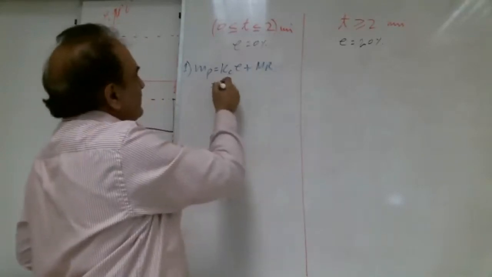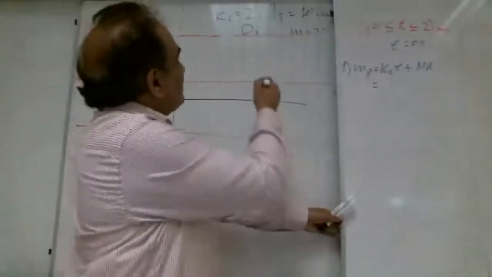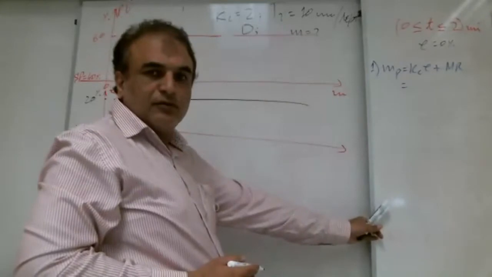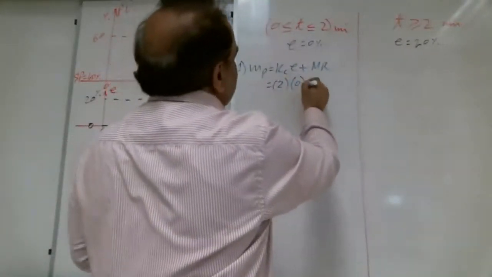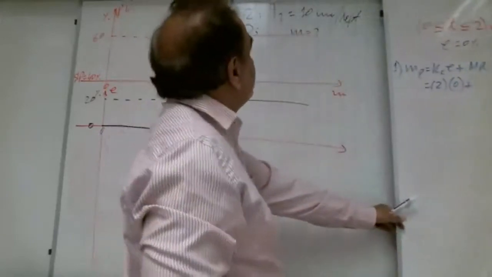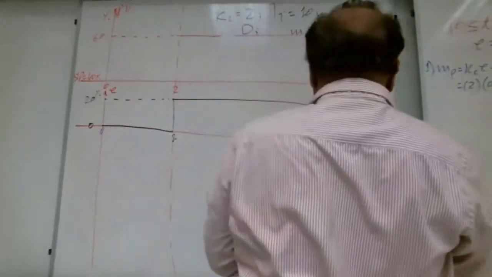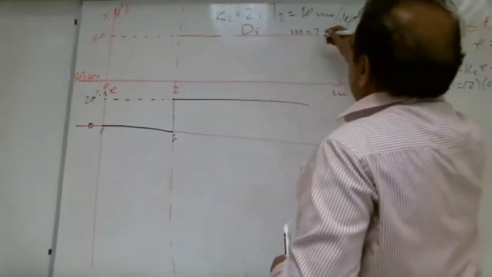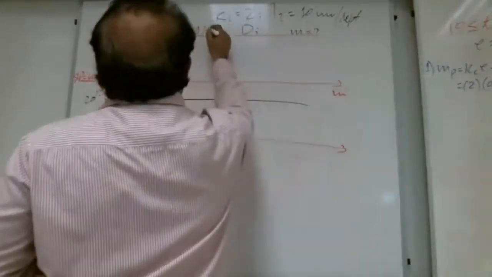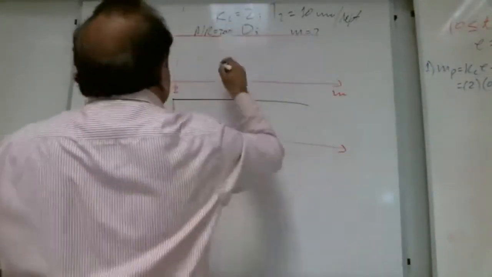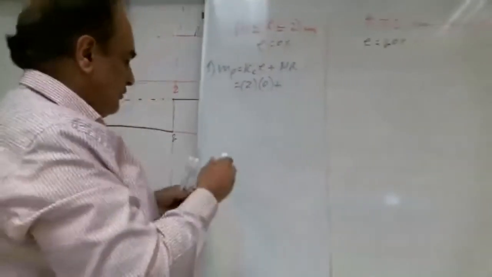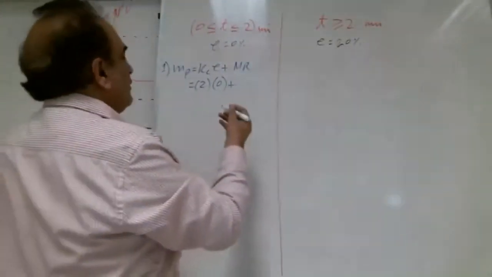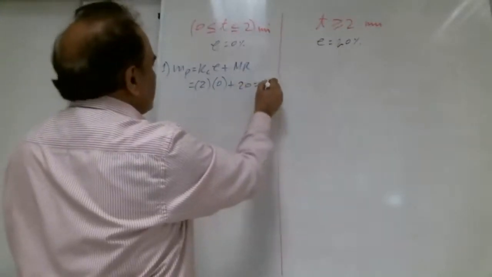So how much is Kc here? 2. How much error? 0. What is MR? MR is 20%. Let me write it. MR is equal to 20%. So output is 20%. Right, Shabab?